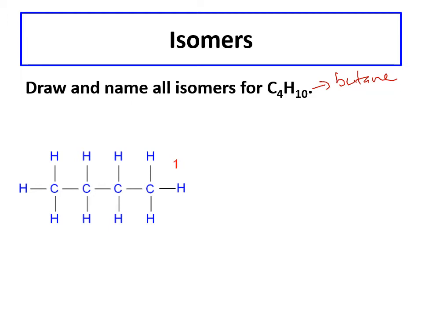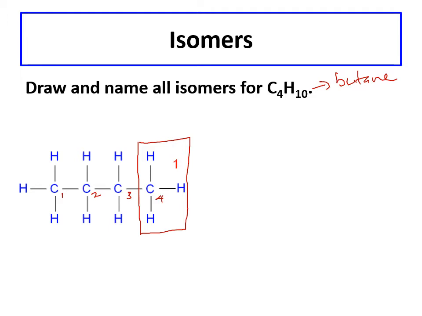What we're going to do is numerate the carbons. For example, I'm going to numerate the carbons from left to right, so 1, 2, 3, 4, and then I'm going to take a portion of the carbon, for example CH3 from carbon 4, and try to rearrange the position of the CH3 in this molecule.